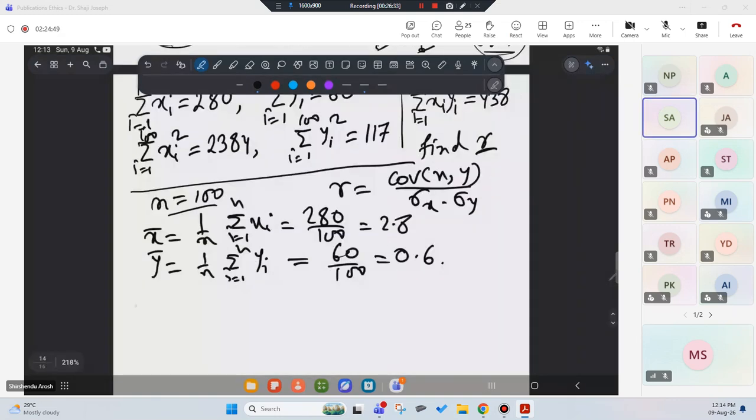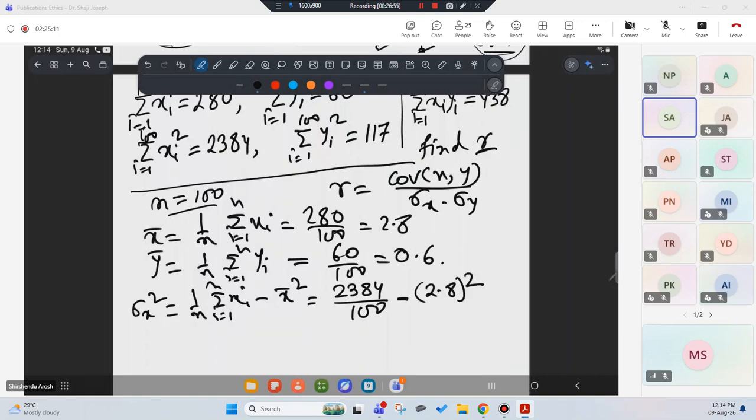Now sigma x square, that is 1 by n summation xi square minus x bar whole square. So numbers are given there. So 2384 by 100 minus 2.8 square. To simplify this, we should get 16.